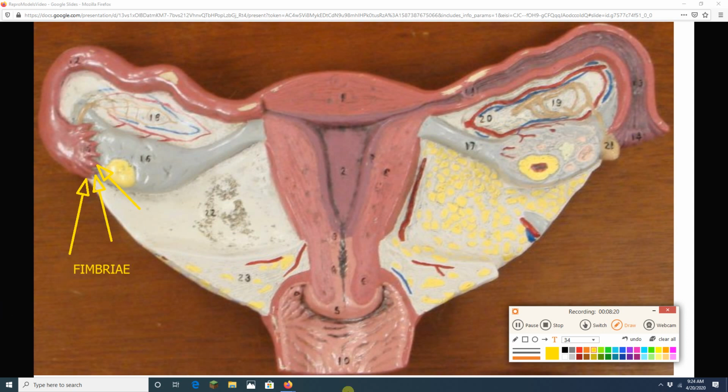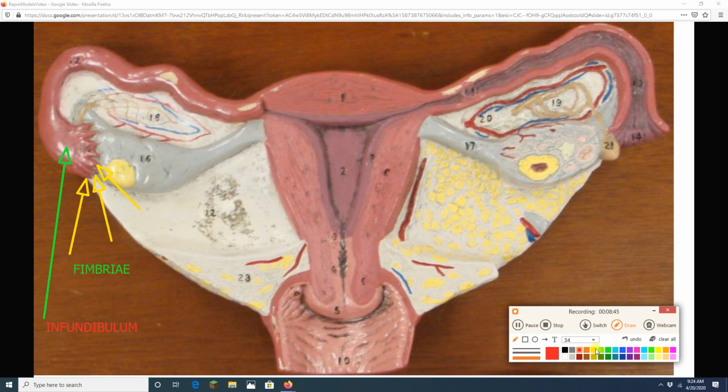Now the fimbriae come together to make a region called the infundibulum. So there's the infundibulum right there. The infundibulum is another word that you might remember from A&P 1. There was an infundibulum in your brain as well.